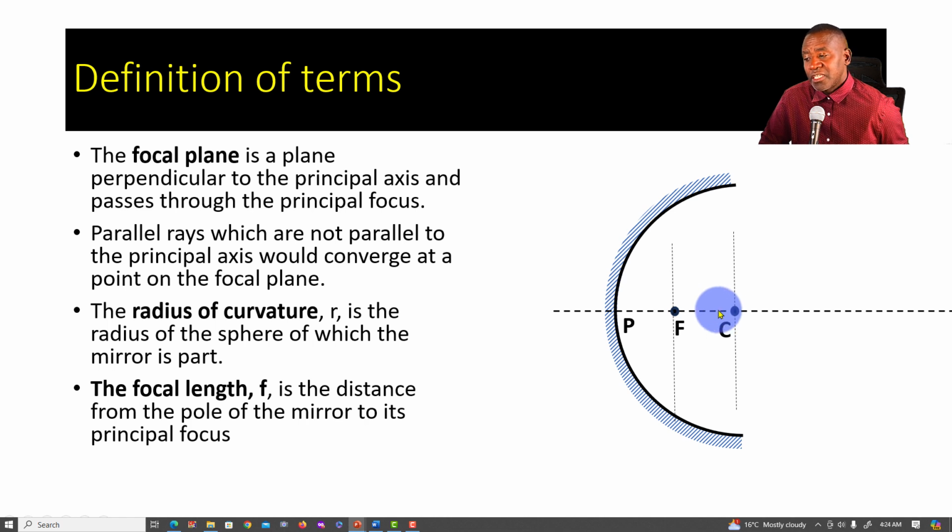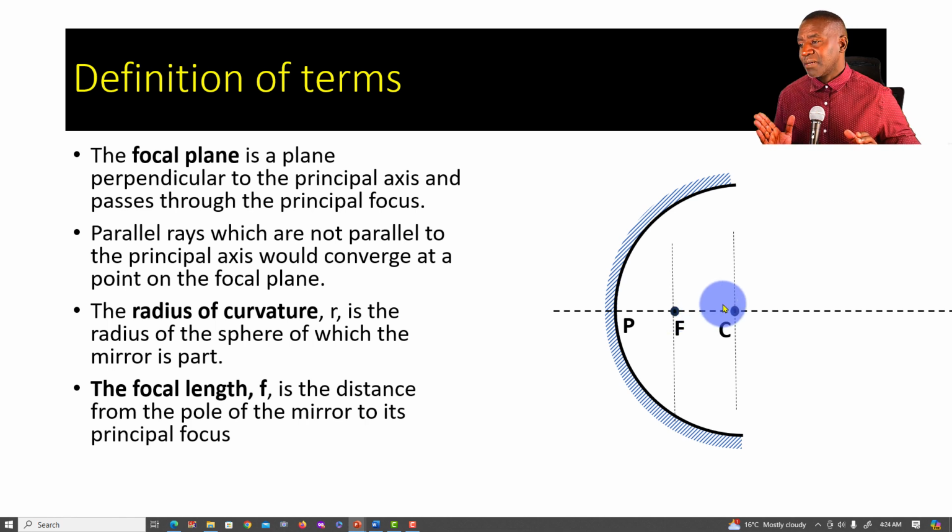It is equal to this other length. But by definition, the focal length is the distance from the principal focus to the pole of the mirror. So this distance here, if it is 2 centimeters, the focal length is 2 centimeters. However, this one will also be 2 centimeters because that means the radius of curvature is 4 centimeters.